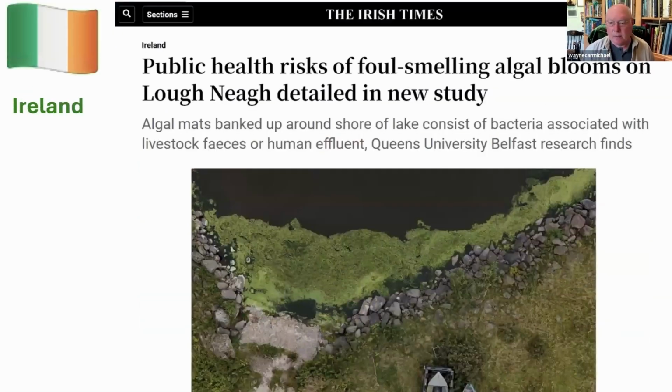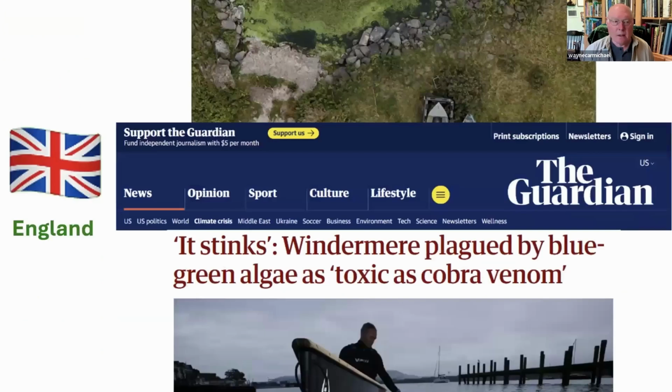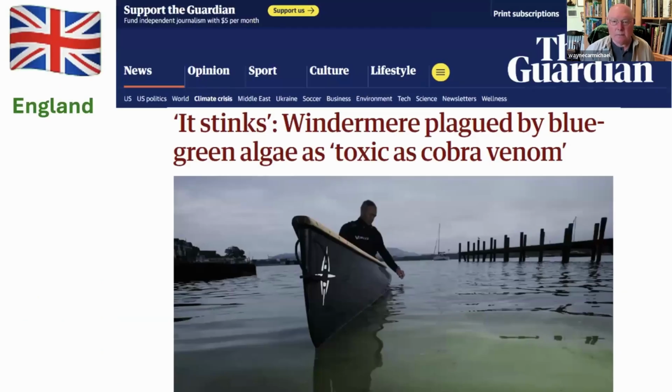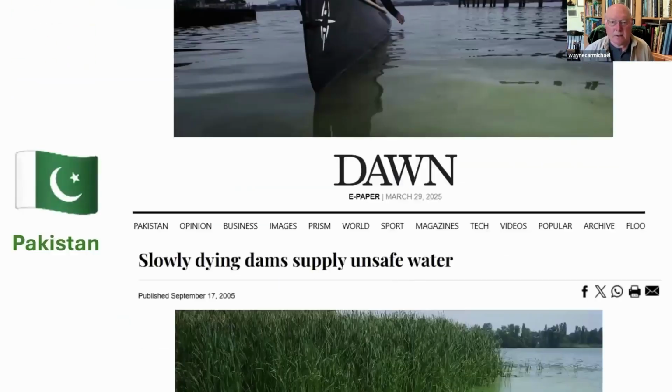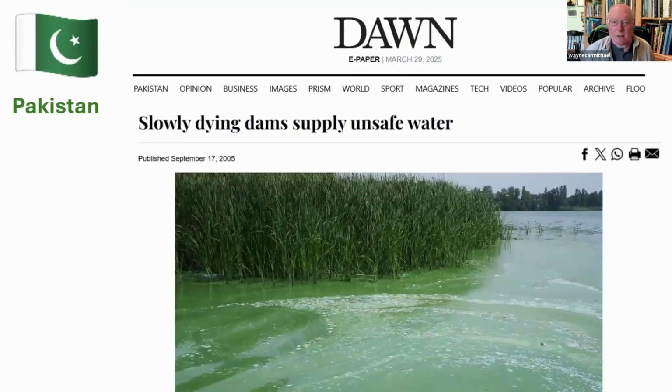In Ireland, the bloom looked like this. In England, Lake Windermere. Lake Windermere has been the classic lake studied for centuries to define methodologies for limnology, but it also can experience toxic blue-greens. In Pakistan, the water supplies in many cases have been deemed unsafe.